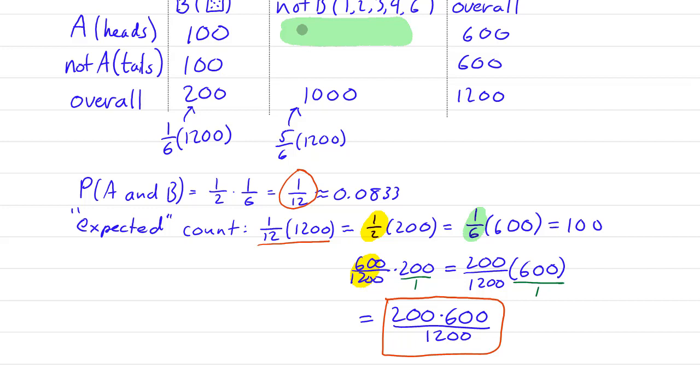You could use this formula here, where we're going to take the count of heads times the overall count of not B, which means not a 5, which is going to be 600 times 1,000, and divide that by the total, 1,200.